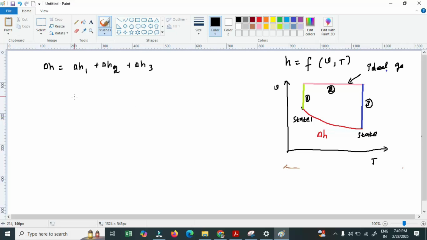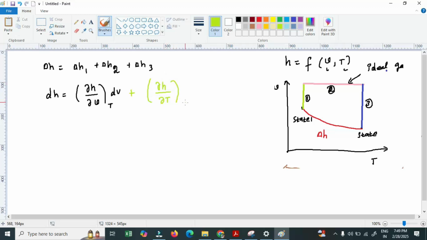Now in this equation, I have two portions. In my hypothetical state, I have two kinds of steps. Steps number 1 and 3, where temperature is constant.